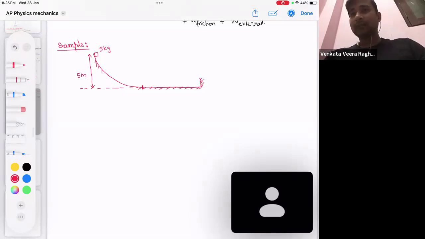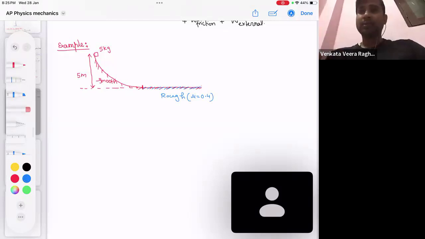Up to the horizontal section where it is starting, this part of the track is smooth. This curve path is smooth, and this horizontal part is rough, and this rough part has a coefficient of friction mu equal to 0.4.